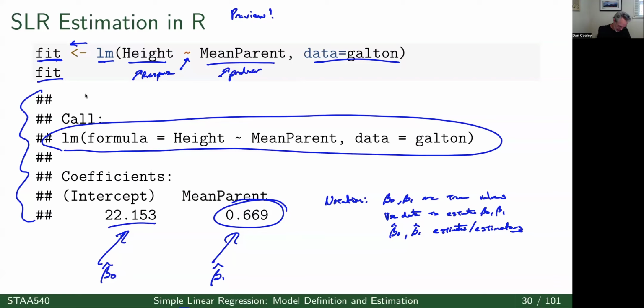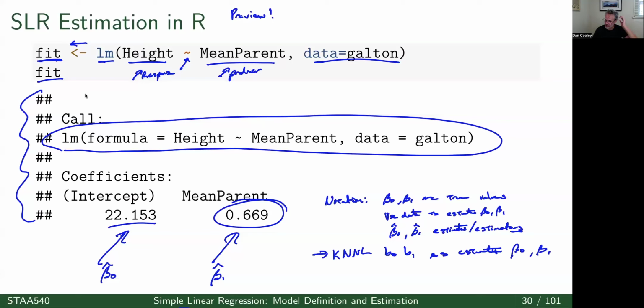Okay, I started to talk about notation. One bit about notation: the KNNL book uses small b1 and small b2 as the estimates for the true values, beta naught and beta 1. I don't like this notation. The slides do not use this notation.